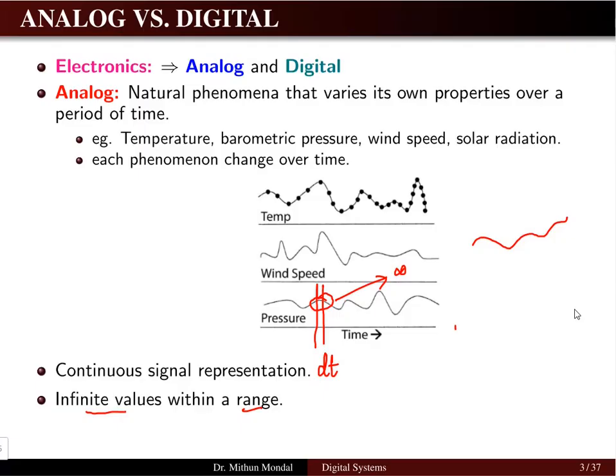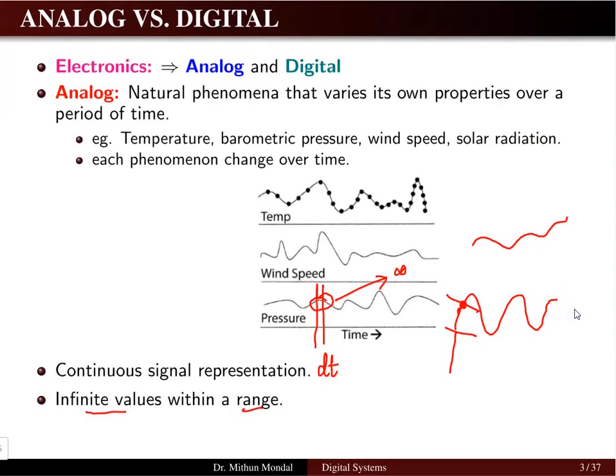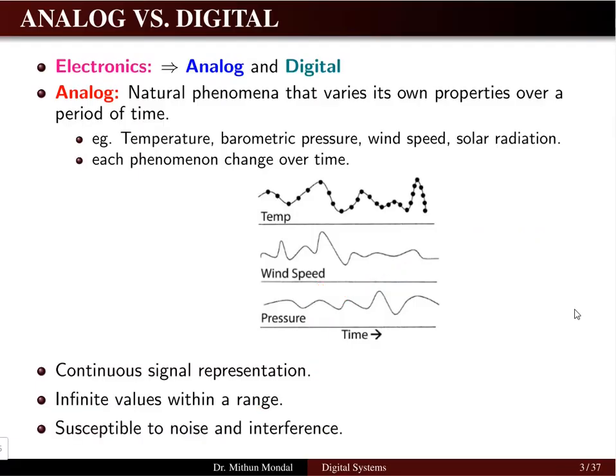For example, if we take a sinusoidal wave like this, and there is a gap in the sample measurement, that is a discontinuous process, like this first sample and here we have the second sample. Now if these two regions have many samples, then that becomes a continuous process because you have an infinite number of samples present within this zone. So analog systems are those systems which have a continuous signal representation.